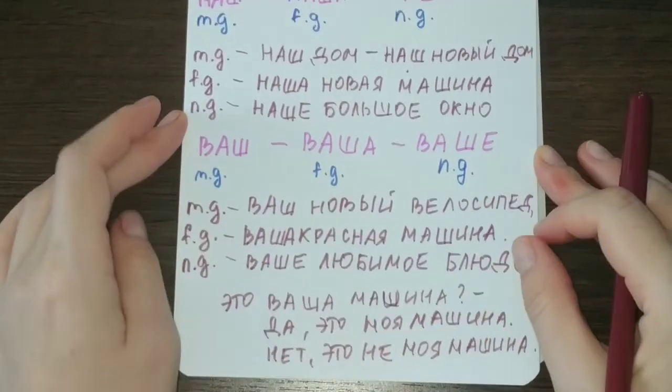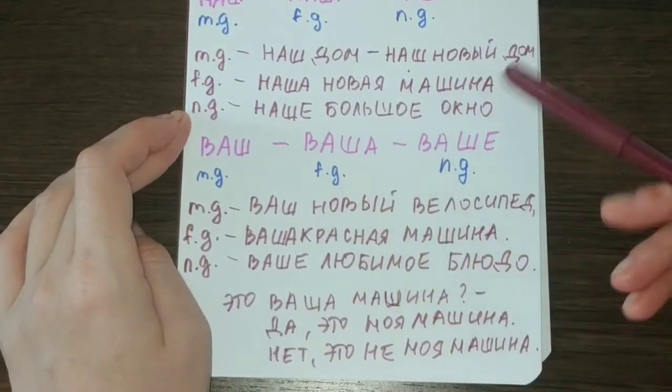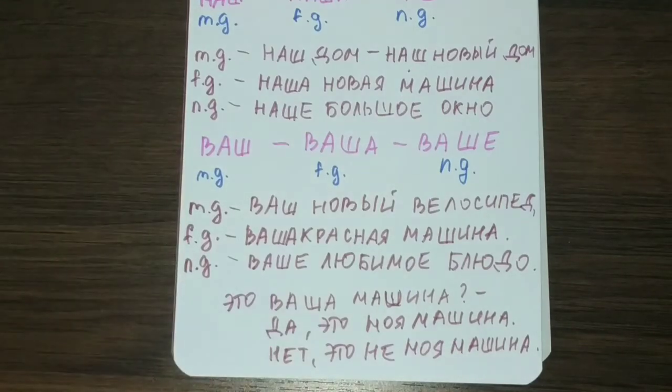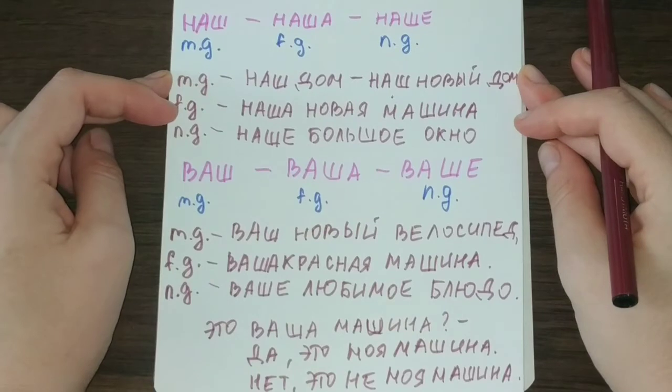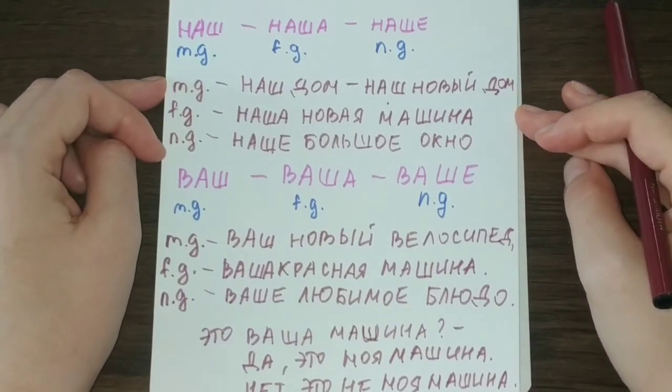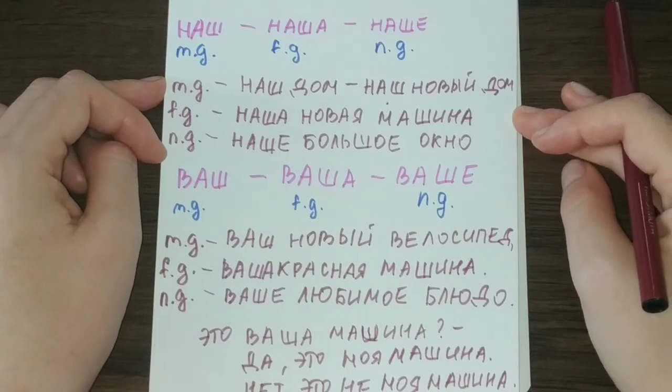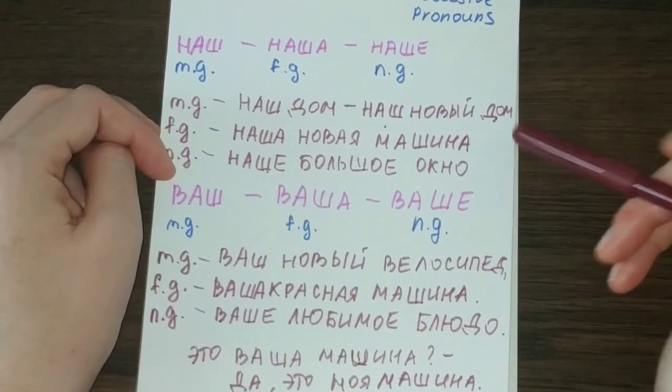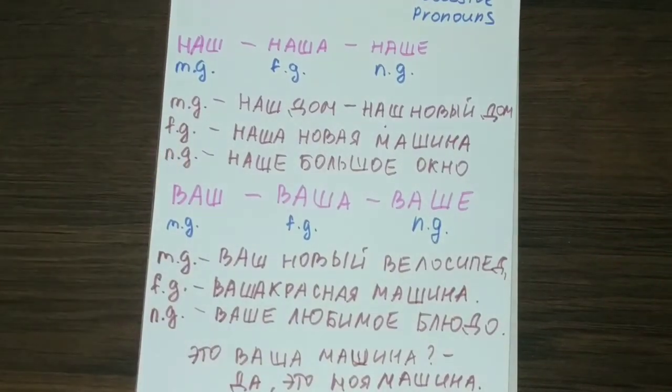Or when the question is addressed to a group of people, they may be asked like, это ваш дом? And these people may answer, да, это наш дом, meaning our.